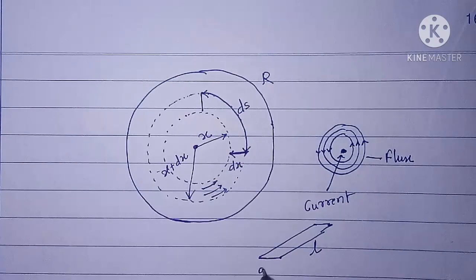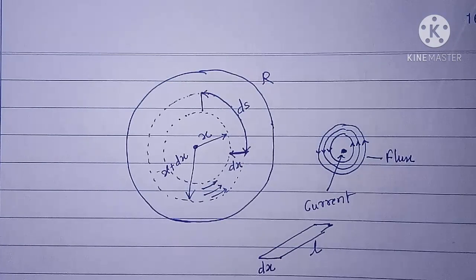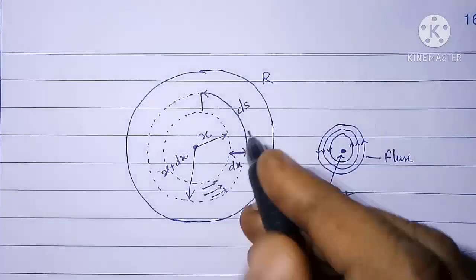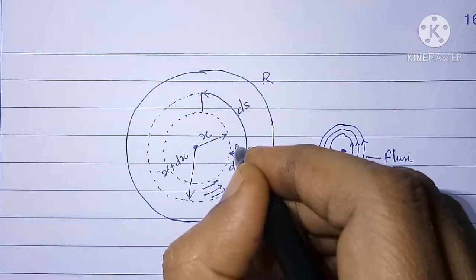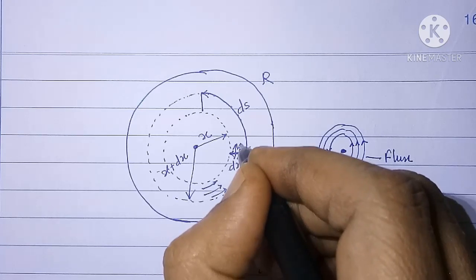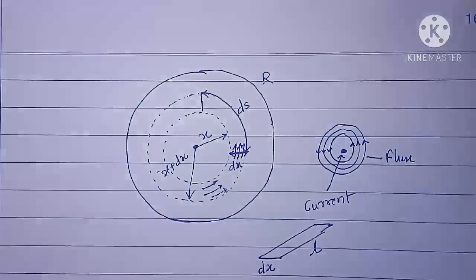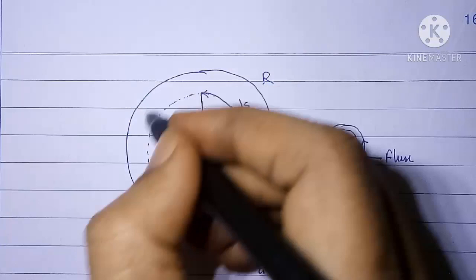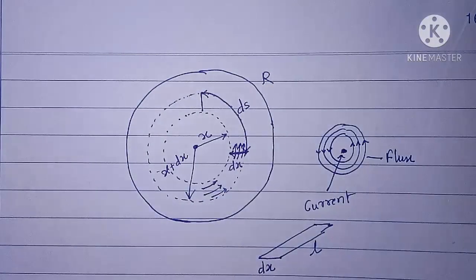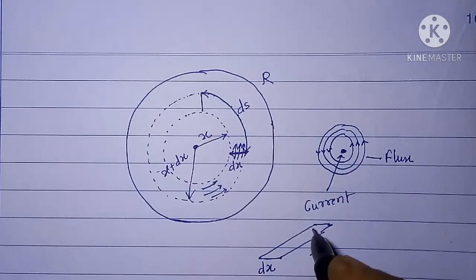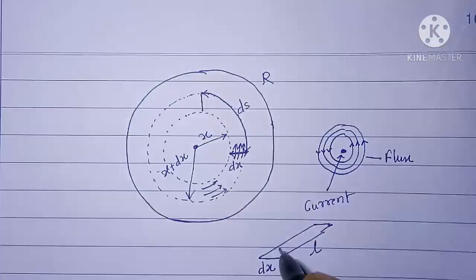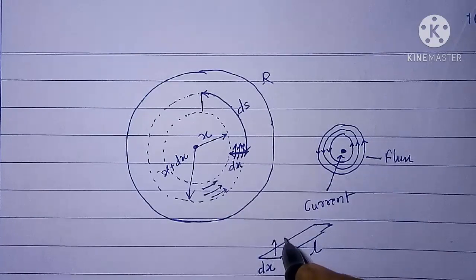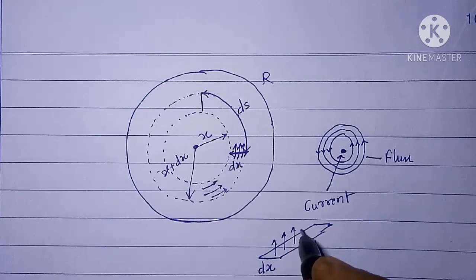Length is L, width is dx. This flux will be passing through this rectangular strip now like this. Because the flux is circular, in this figure, how can I show this flux? I can show this flux in this way.